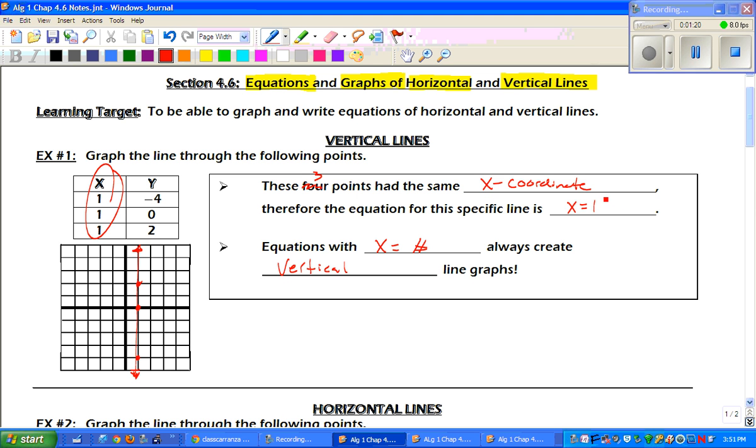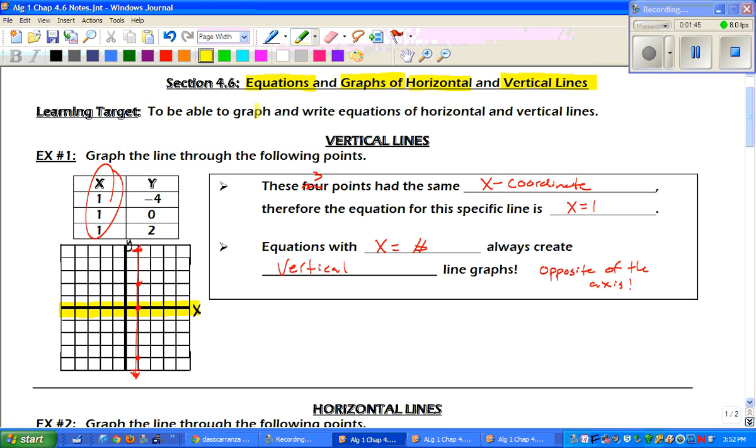What we've got to remember with that is that it's the opposite of the axis. Here's the x-axis, here's the y-axis. It's the exact opposite.